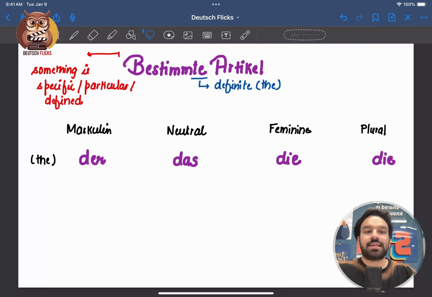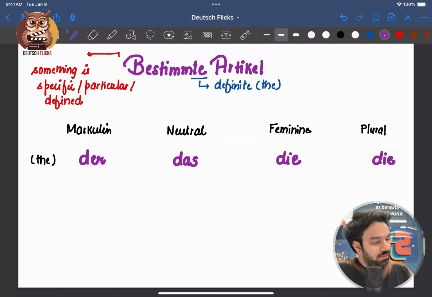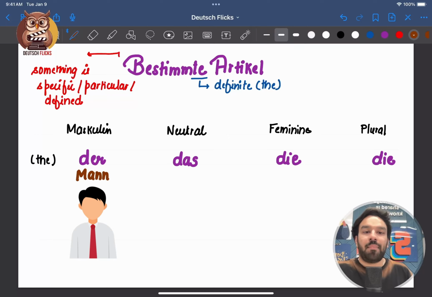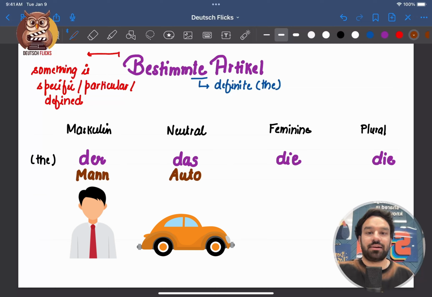Okay, so now it's time for examples. For der, we can say der Mann. Der Mann means the man. For das, we can write Auto. Das Auto means the car. Easy to remember. Now for die, let's take Wolke.